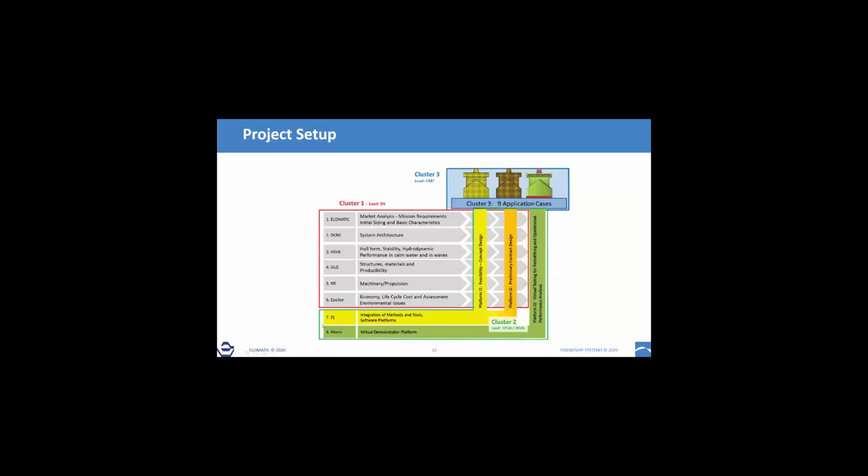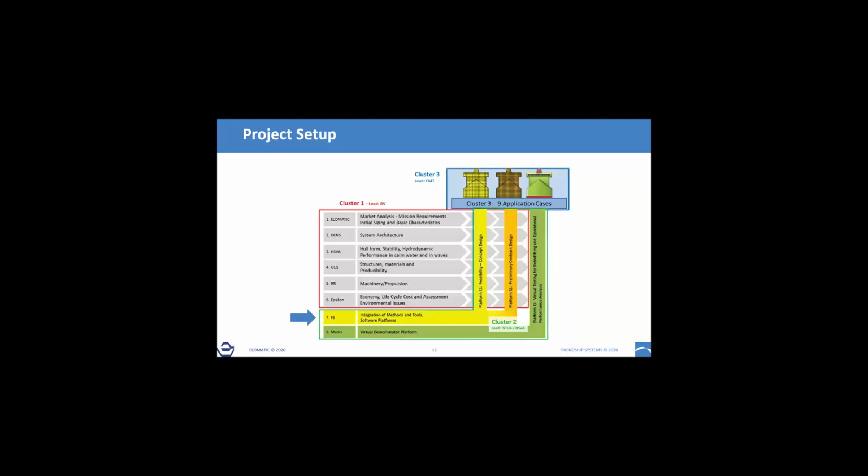And then we had two work packages, 7 and 8 in yellow and green, that had as a target the integration of all these different tools and methods under a common platform. And this is where we participated mainly on the friendship system side.